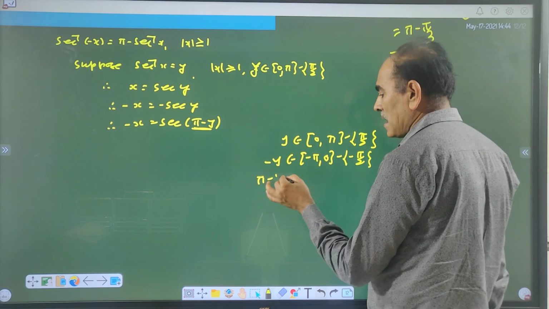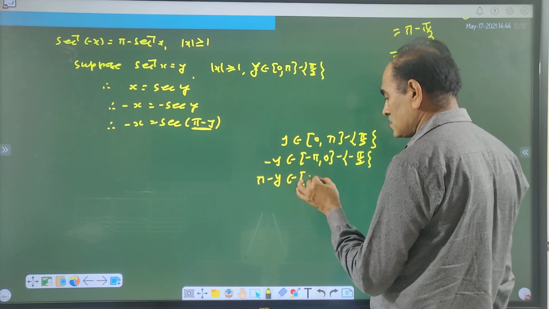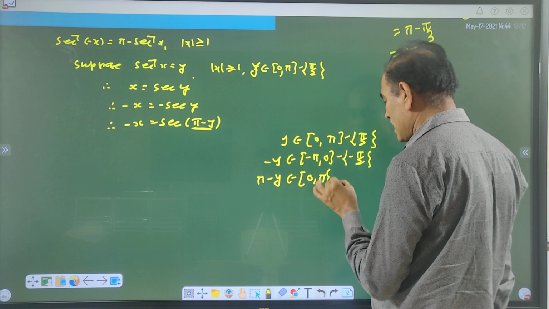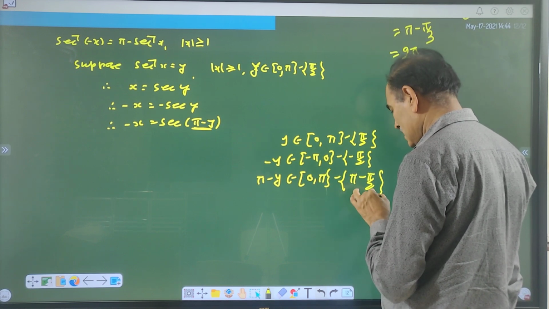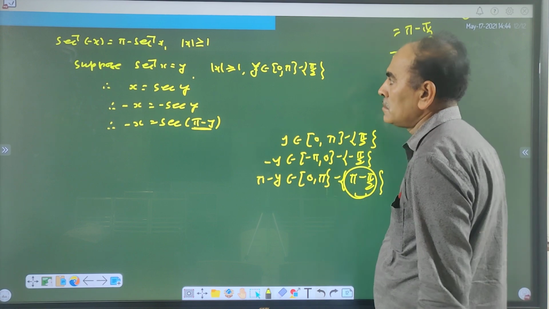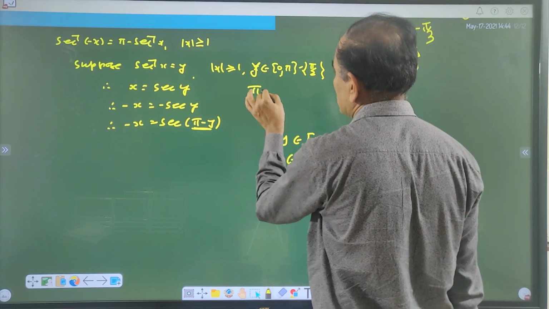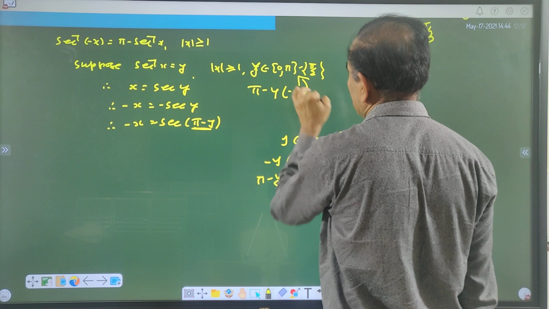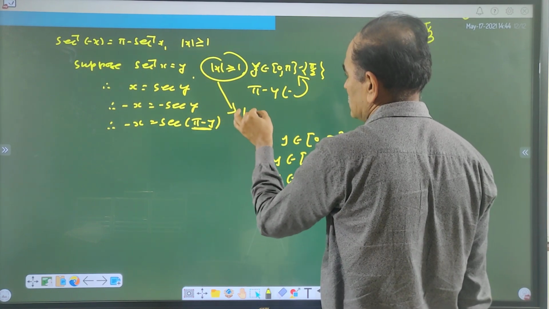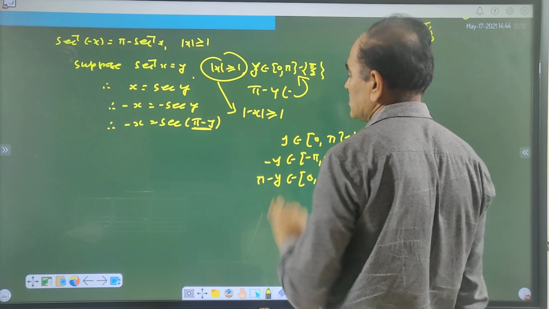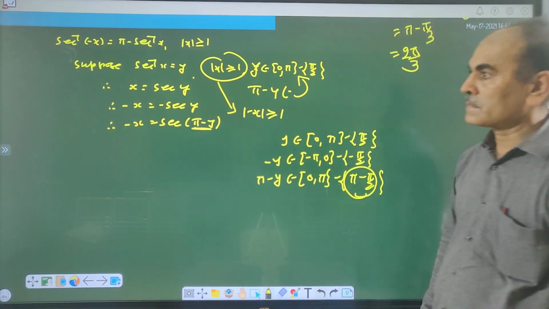So pi minus y belongs to 0 to pi except pi minus pi by 2, and that is pi by 2. So pi minus y also belongs to the same range. Mod x is greater than or equal to 1, so the magnitude of minus x is also greater than or equal to 1.